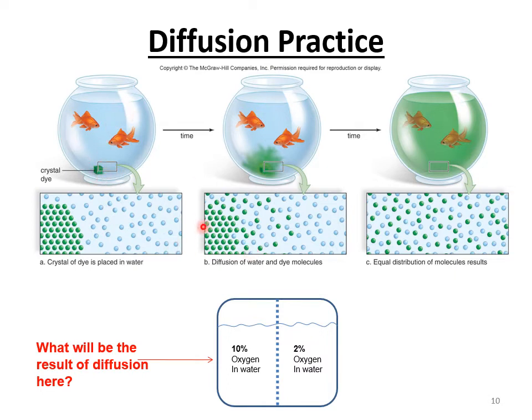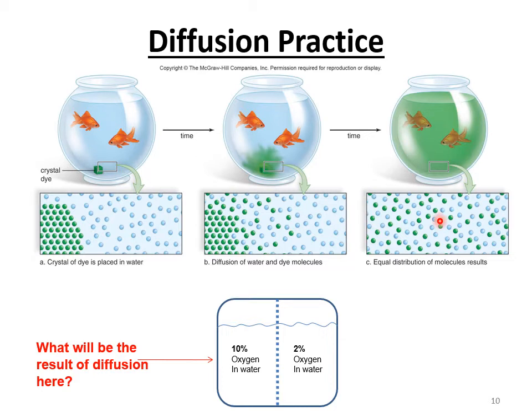So you start seeing these green molecules spreading out, heading toward where there's a low concentration, fewer green molecules. And it will keep doing that until it's an equal distribution of green everywhere in that container. Okay, so there's no longer a high to go to low. It's equal everywhere. And what do we call that?